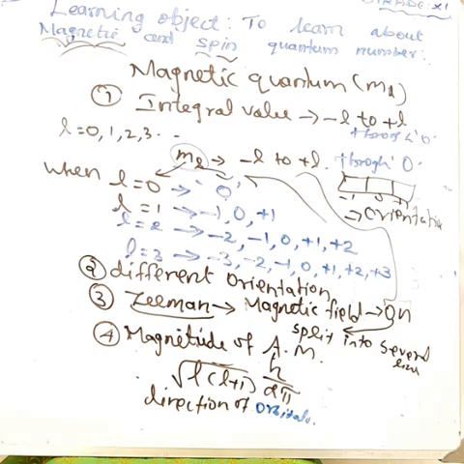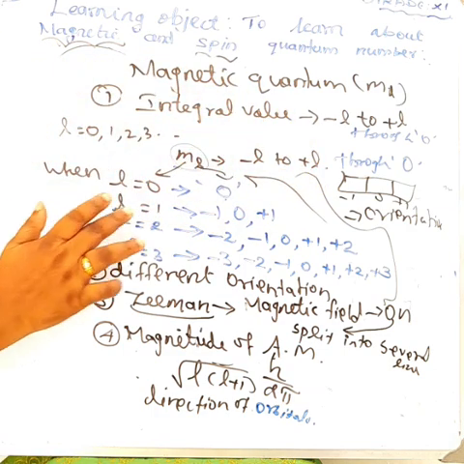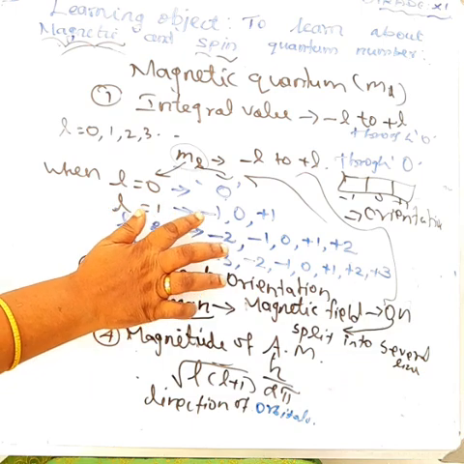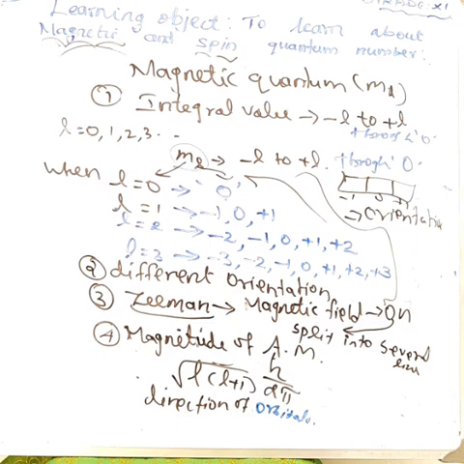It is denoted by the letter ml. It takes integral values ranging from minus L to plus L through 0. If L is equal to 1, then m is equal to minus 1, 0 and plus 1. So different values of m for a given L value represent different orientations of orbitals in space.